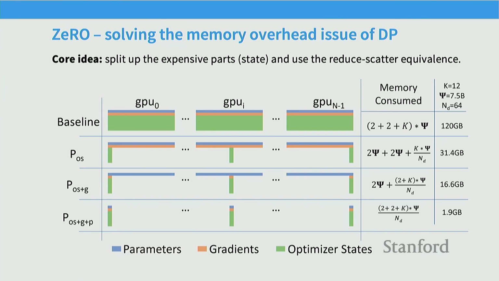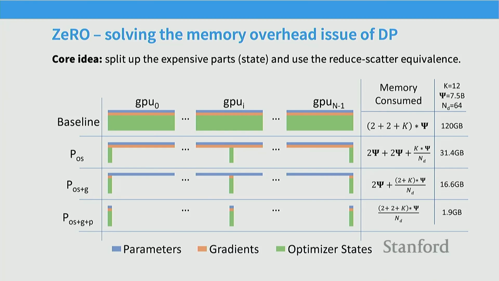And if we could do that, then at least in this case, we can go from 120 gigabytes of total memory usage down to 31.4. And then maybe we can start sharding the gradients, and then now we can get to 16.6 gigabytes of memory usage. And then if we also shard the parameters, we can go all the way down to 1.9 gigabytes of memory usage. And that would be a pretty good place to be, because now we've fully sharded all of the optimizer state and parameter and gradient memory that we need.